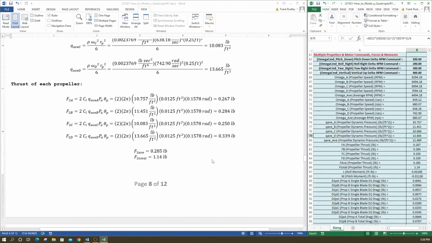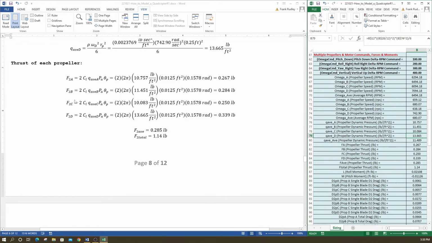The next piece is to get the thrust of each propeller. I can now compute that because I know the dynamic pressure on the blades. The equation again was 2 times the coefficient of lift times the average dynamic pressure times the surface area times the pitch angle. These are all pretty much constants.